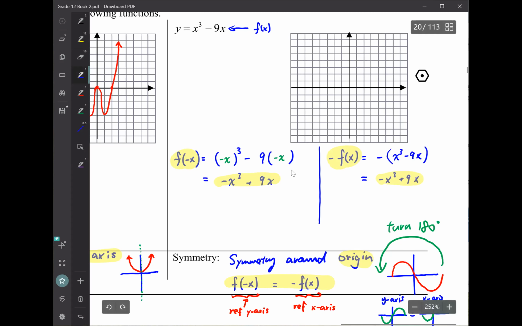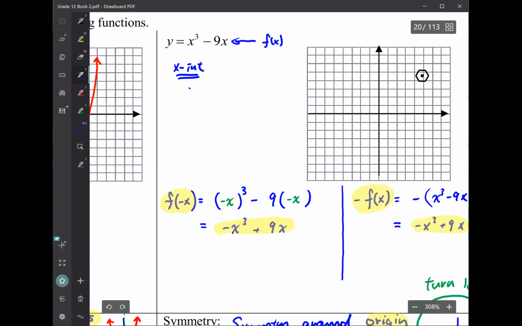All right, so same thing, we need to get the x-intercept, okay? And to get the x-intercept, you need to factor. How do we factor this one? Tiana, how do we factor this one? We factor the x out first.